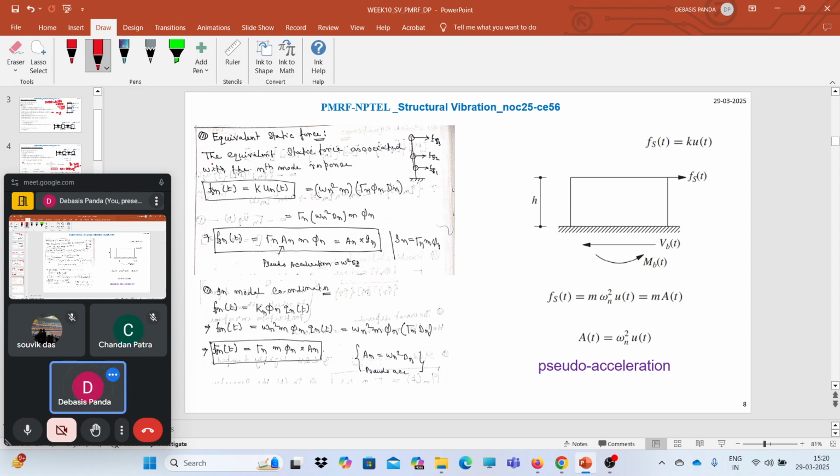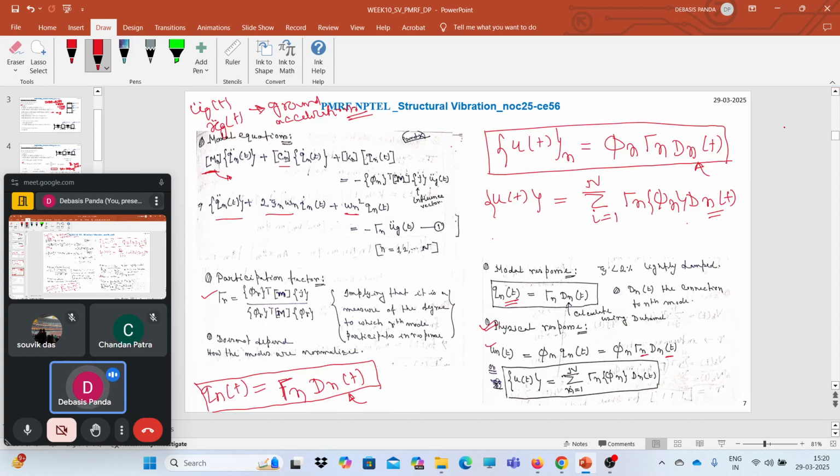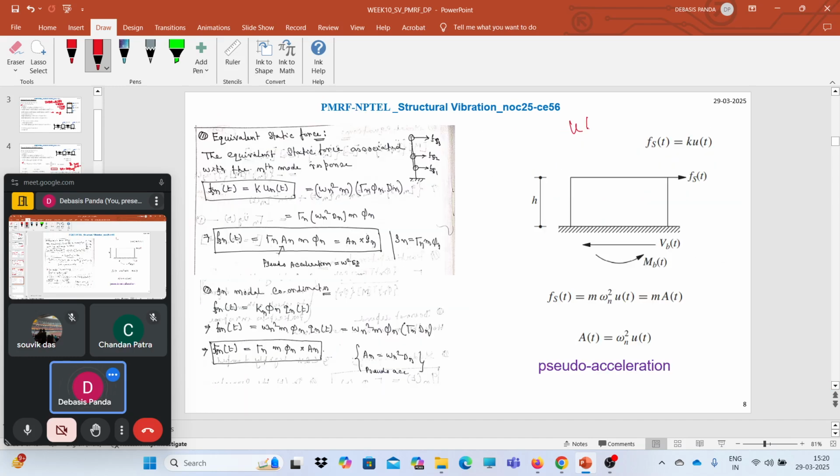So that was the responses, right? We have found out u of t, the physical responses, that means the displacement corresponding to different degrees of freedom of the generalized coordinates.